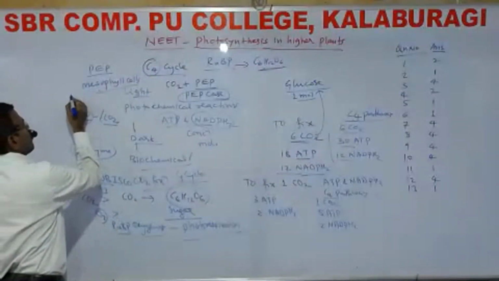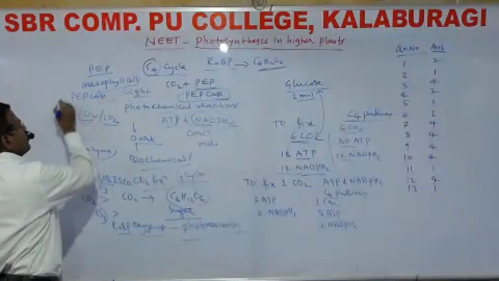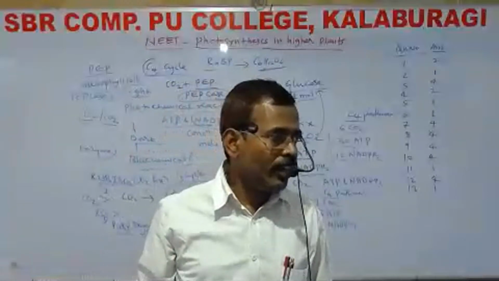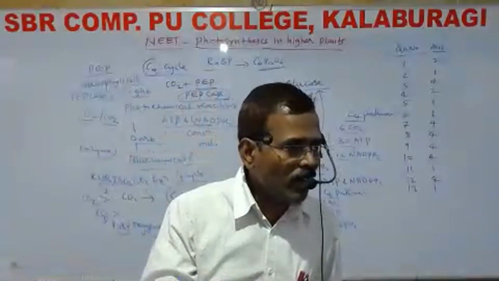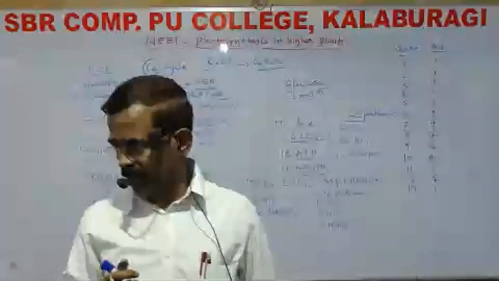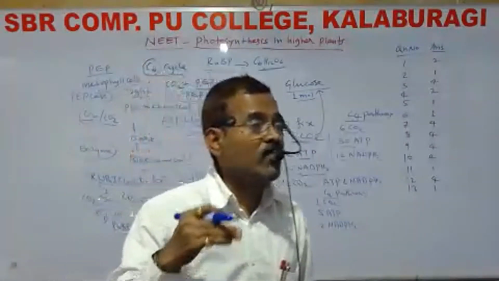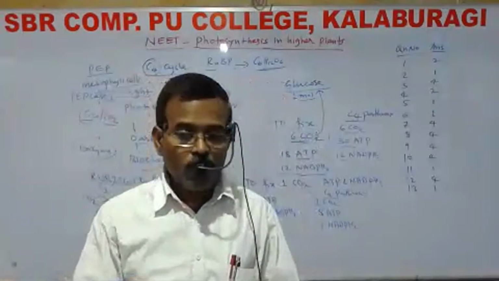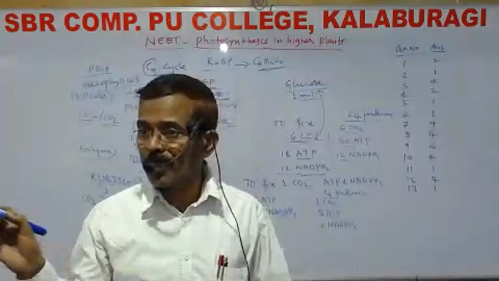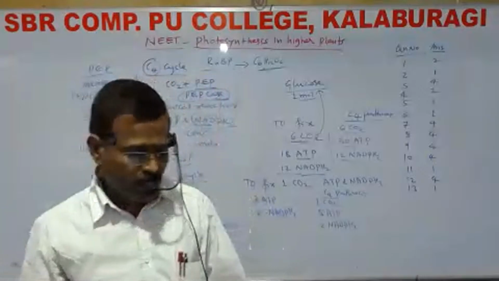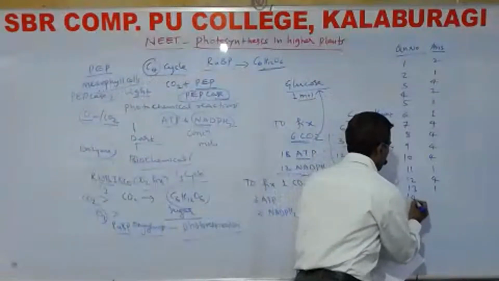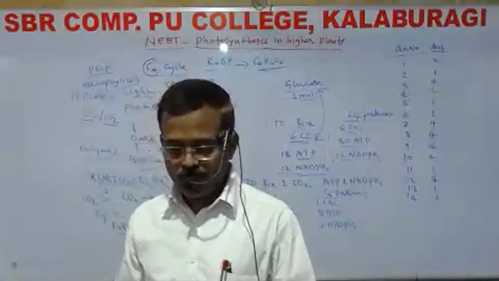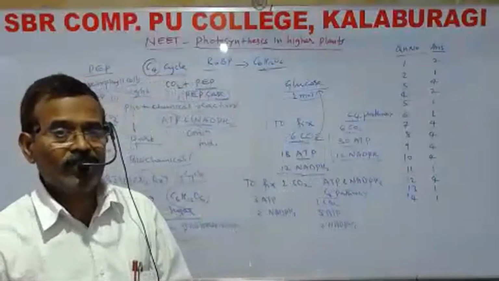Whereas this PEP carboxylase enzyme, PEPase enzyme, irrespective of the concentration of carbon dioxide in the surrounding air, usually shows affinity towards carbon dioxide only, not towards oxygen. That's why C4 plants do not perform photorespiration, right? So the answer will be Rubisco combines with oxygen, but in that case PEPase does not combine with oxygen. So here it is the 14th one. It is the first option. 15th, you see now. Bundle sheath cells are rich in which enzyme, they are asking?